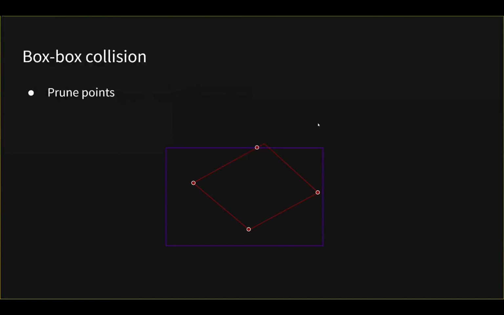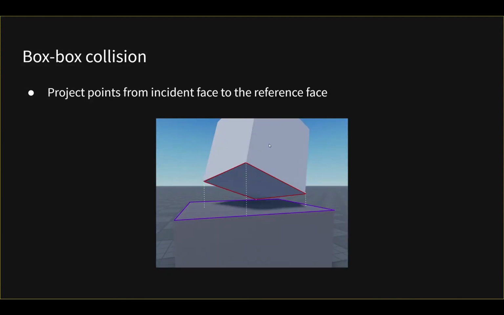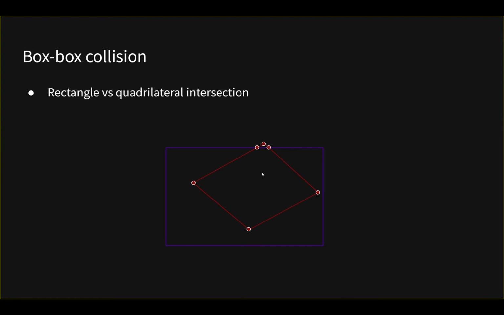And then we want to prune a few of the points. If a point lies outside the rectangle, we don't care about it, we can throw it away. If there are points that have a positive penetration, that aren't going into the rectangle, we can prune those too.